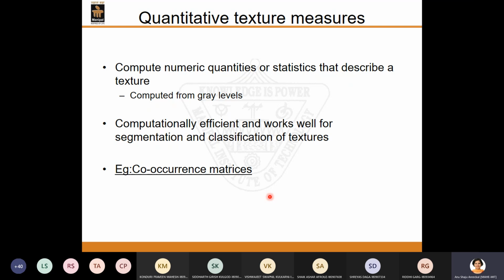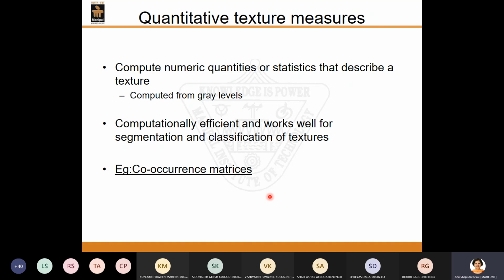From these thresholded neighborhood pixels, a histogram is calculated, and that is called the LBP histogram. From the LBP histogram, you can either try to find the distance measures between different LBP histograms in an image, or you can find the LBP histogram features. That is, you can extract one-dimensional features from the LBP histograms, and so on.